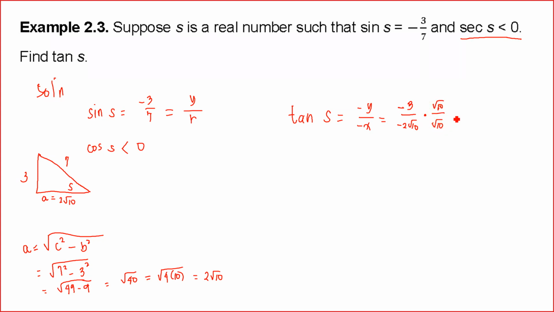So here we have 3 square root of 10 over 2 times the square root of 10 squared, which is 10, so it must be 3 square root of 10 over 20.